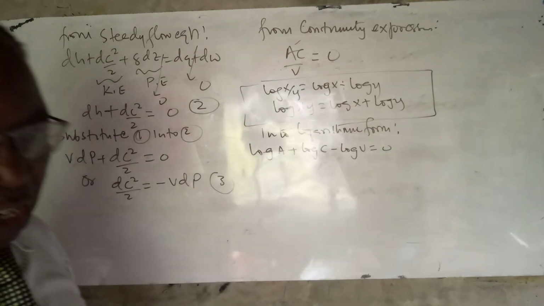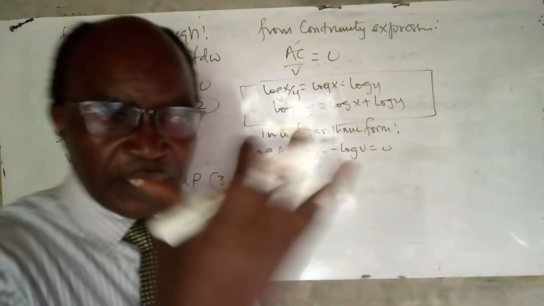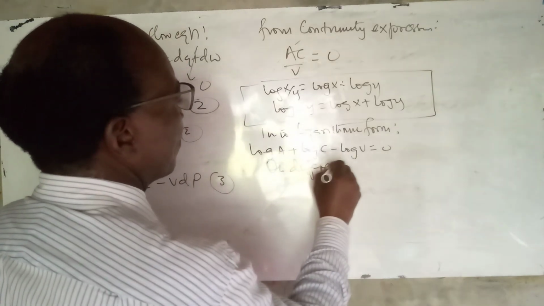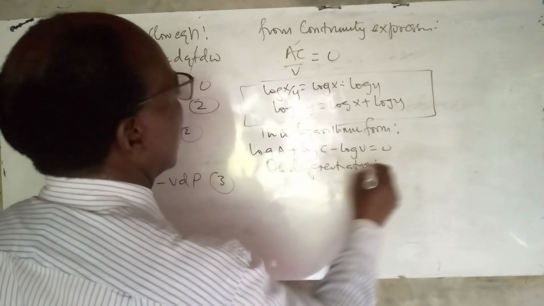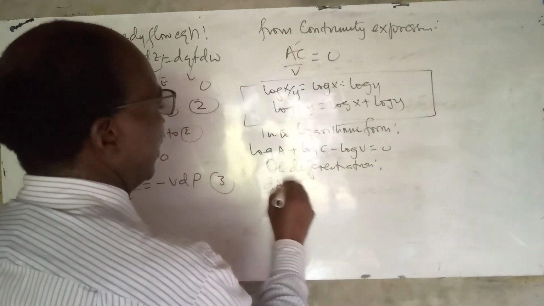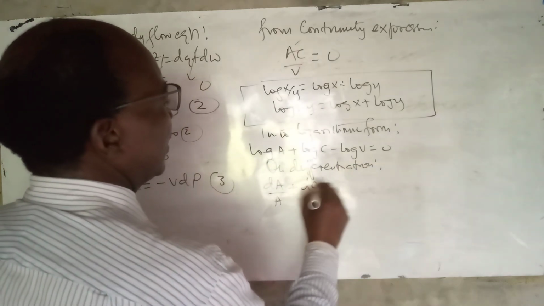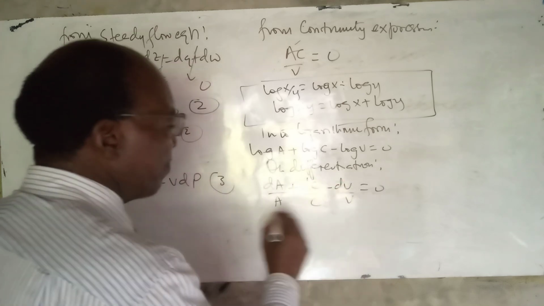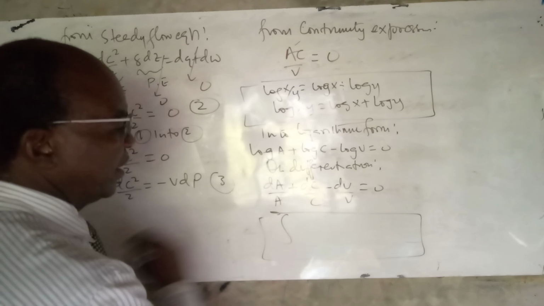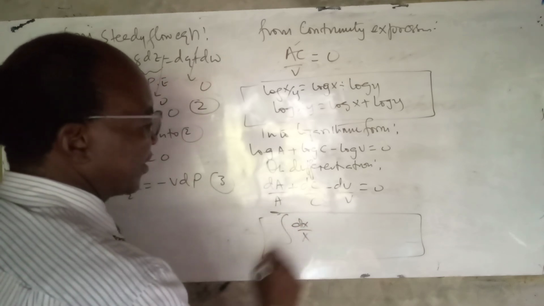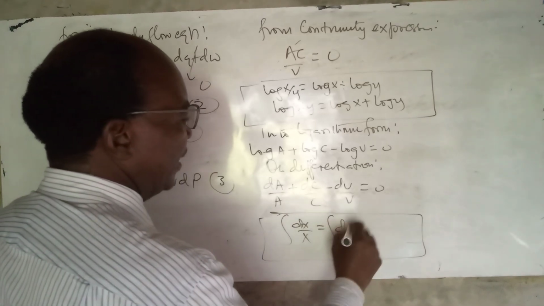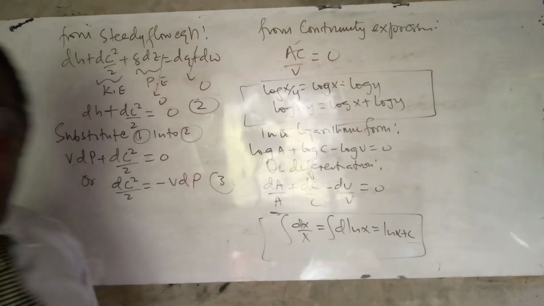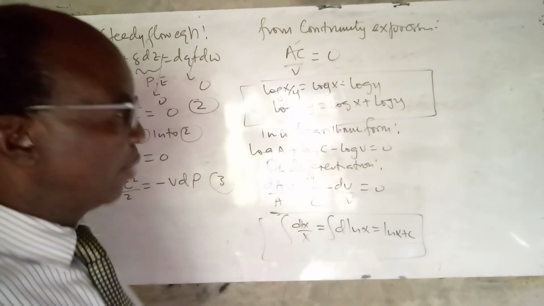If we differentiate this logarithmic form of the continuity expression, we have dA over A plus dC over C minus dV over V is equal to 0. Remember, from the identity, the integral of dx over x is the same as the integral of d ln x, which is ln x plus a constant. That's a very simple identity in integral calculus.